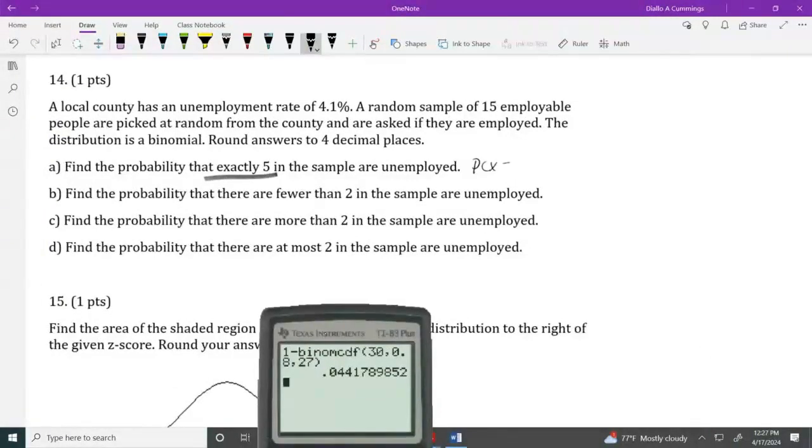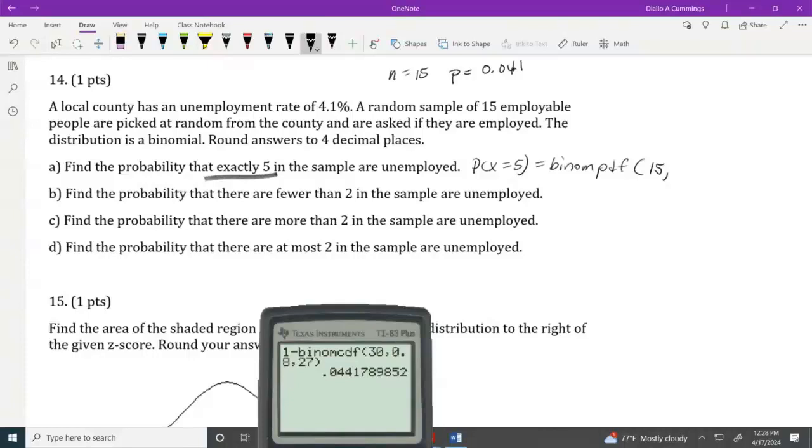So the probability that x is equal to 5, that is the binomial PDF, where n, the number of trials, is going to be 15, because there were 15 people picked. The next parameter is P. P is the probability of success.